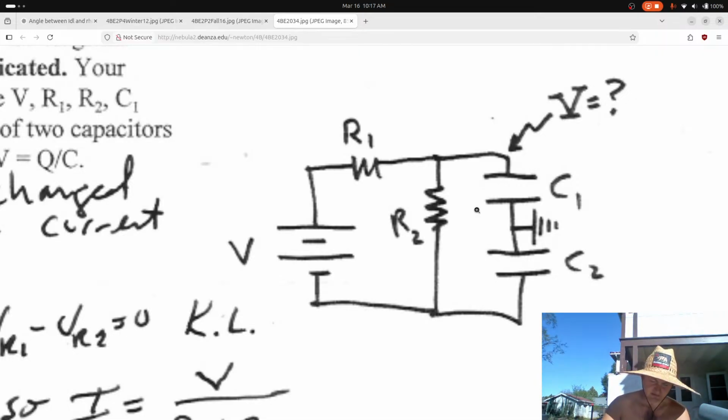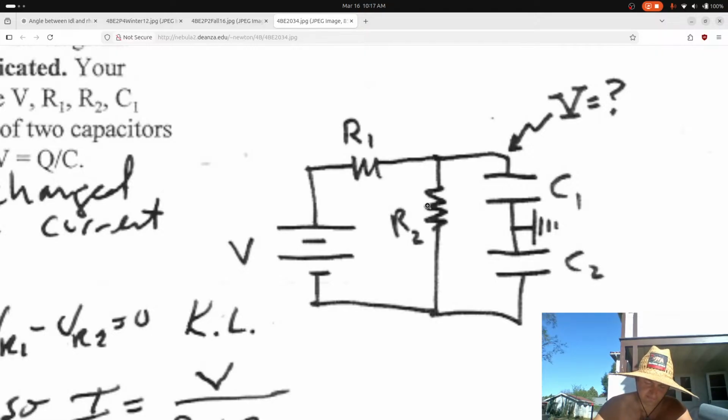Okay, so we see A, B, C, D. So, see that the voltage across R2 is equal to that.